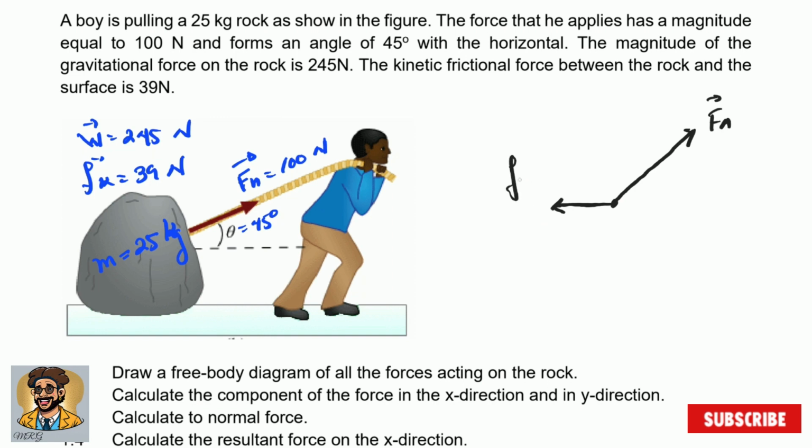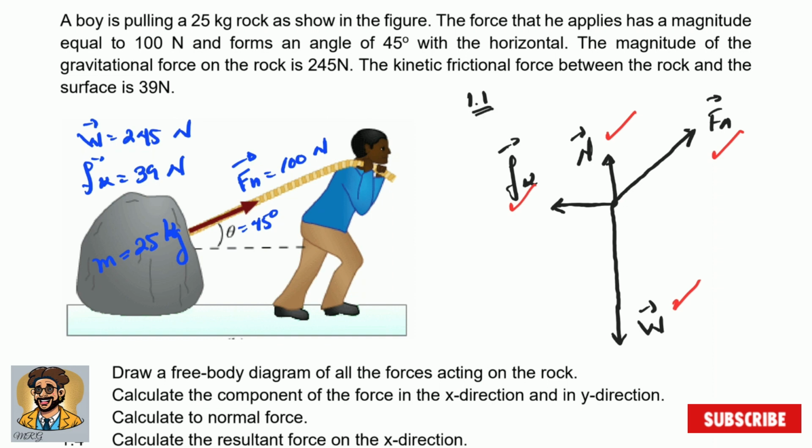We have the weight pointing all the way down towards the center of the earth, and we have a normal force pointing up. This is the free body diagram. If you do this in the exam, it should have 4 marks. This is question 1.1, and it's quite important.